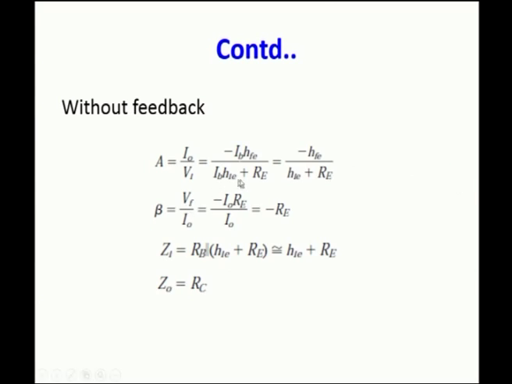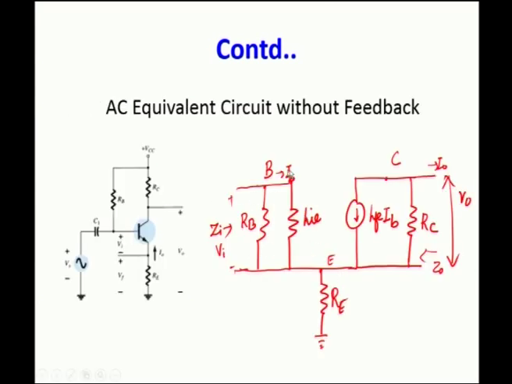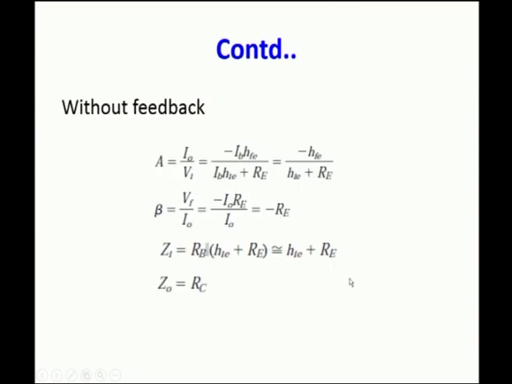So, here Vi is IB into (hie plus RE). So, IB and IB will get cancelled, and finally it is minus hfe by hie plus RE.